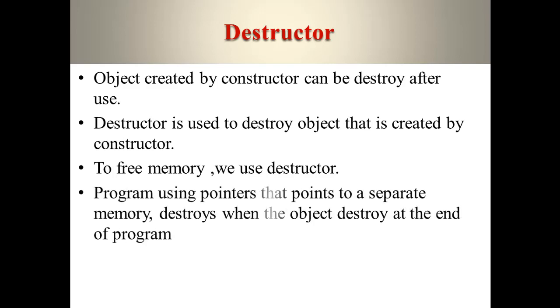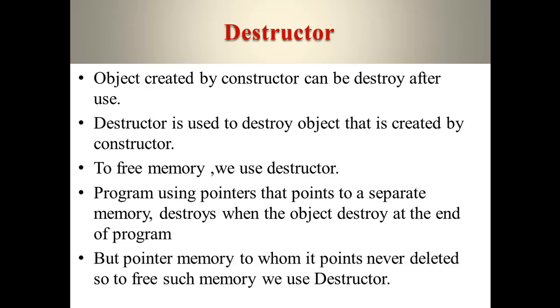In short, in a program using pointers, the pointer is destroyed when the object is destroyed at the end of the program, but the memory to which it points is never deleted. So to free such memory, we use a destructor.